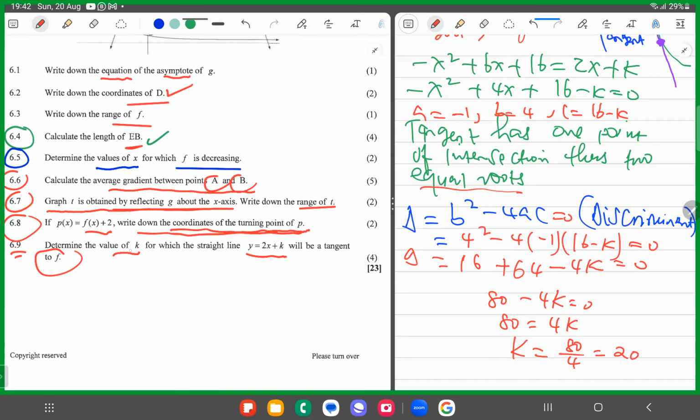Then the value of k for which the straight line will be tangent is k equals 20.